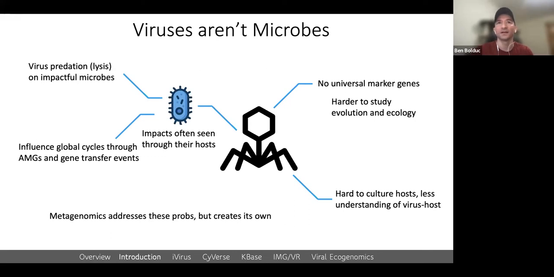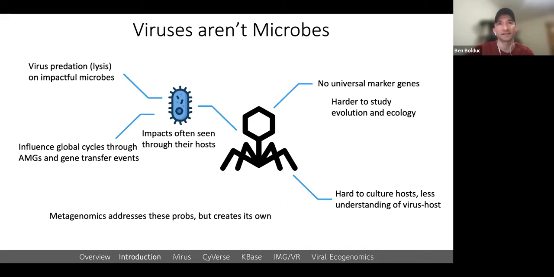These are the products of various processing, metabolomes. So viruses are harder to study both in evolution and ecology because you just don't have those references often. And because they're viruses, they can't live by themselves, so it's often hard to culture their hosts.